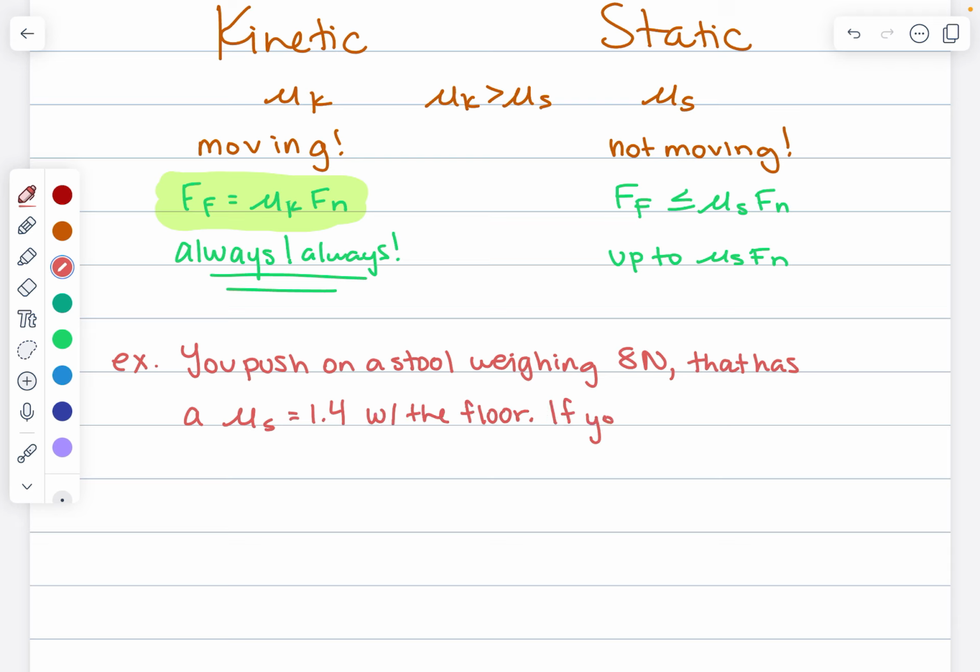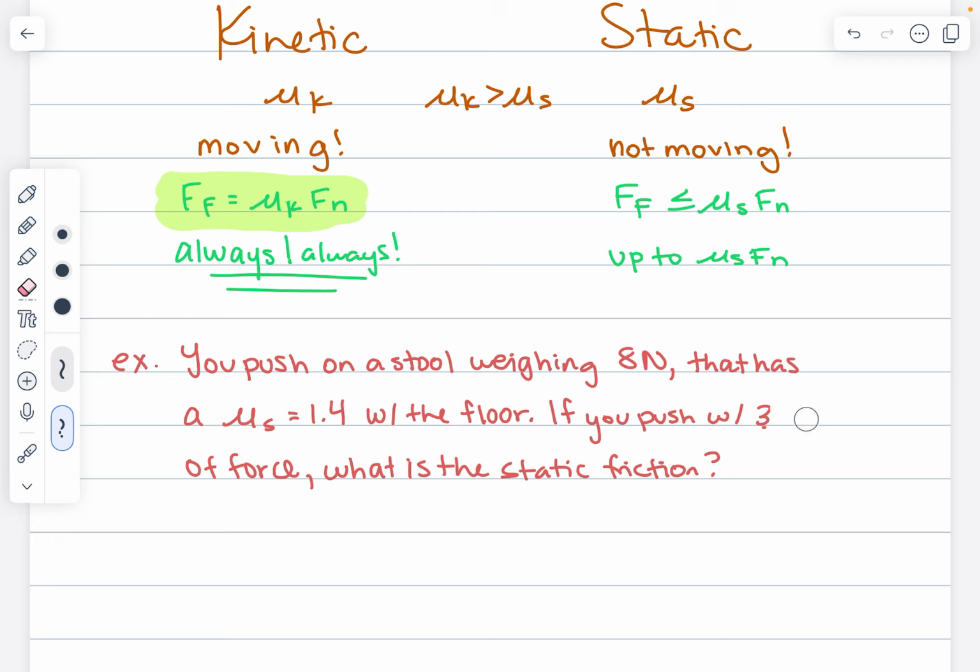If you push with 30 newtons of force, what is the static friction? I might actually need to change my numbers to make sure this works. I do. Sorry about that. I only push with 3 newtons. I'm not pushing very hard, but 3 newtons of force.